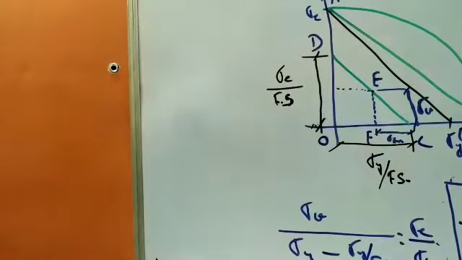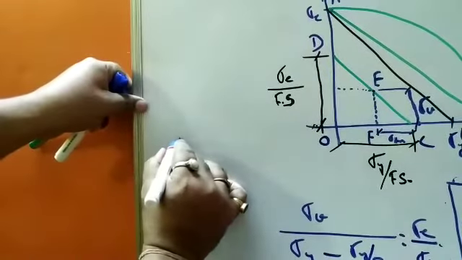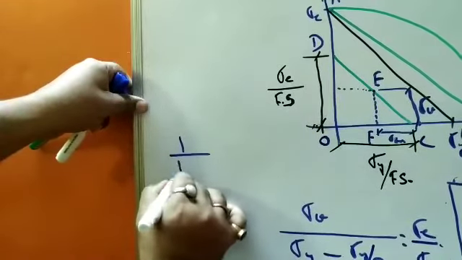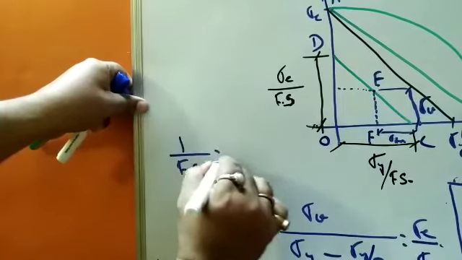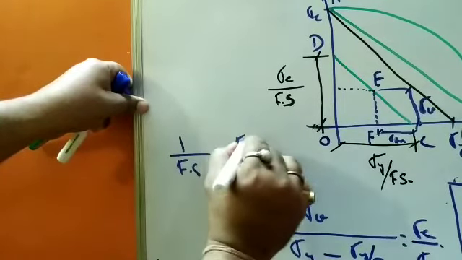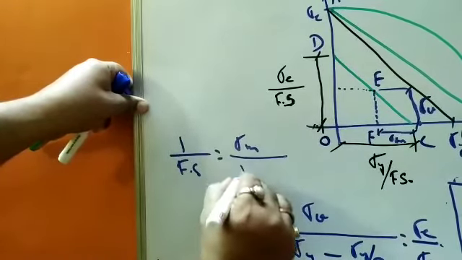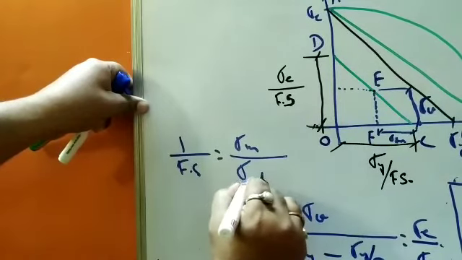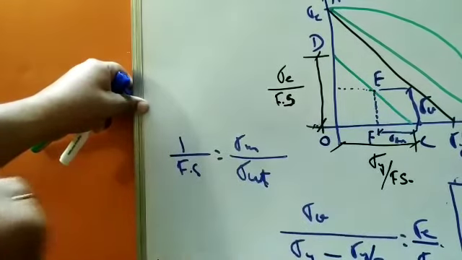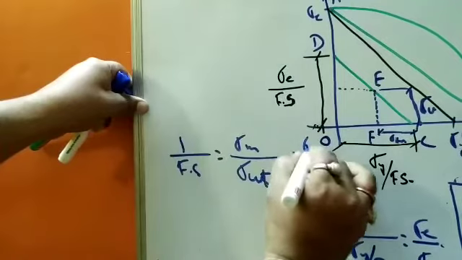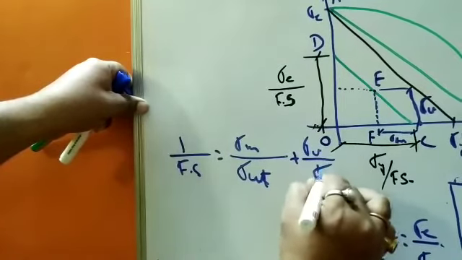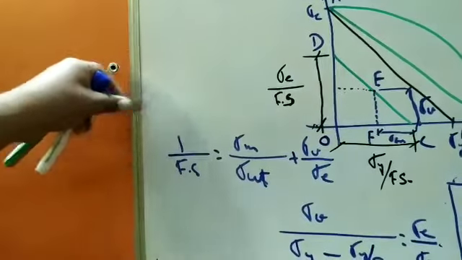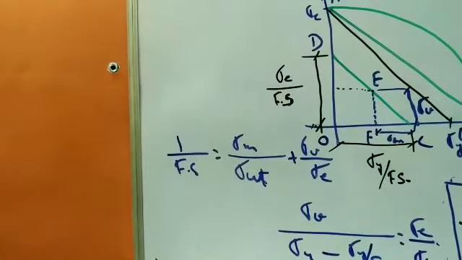Now for the Goodman criteria, everything will remain the same, only the equation will change a little bit, where 1 by factor of safety should become equal to sigma M by sigma ultimate plus sigma V by sigma endurance strength. In a similar way you could prove it with the help of a triangle.